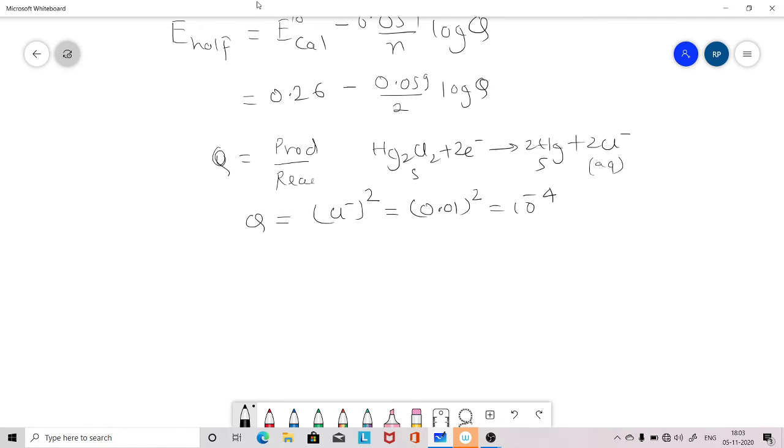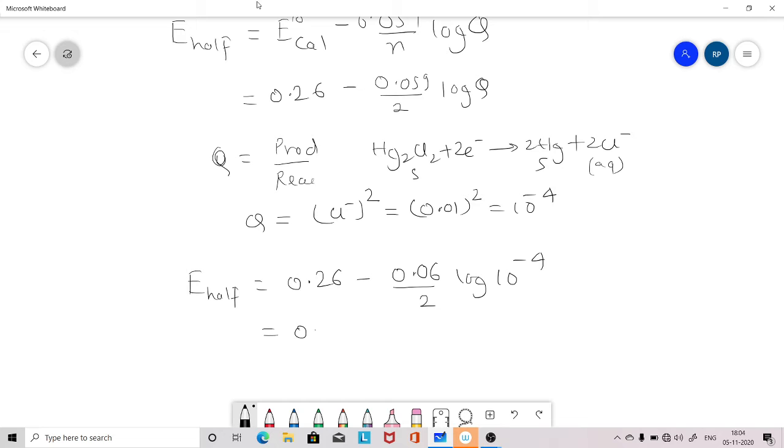Now let's solve this. E half cell is equal to 0.26 minus 0.06, approximate value of 0.059, divided by 2, log 10 to the power minus 4.